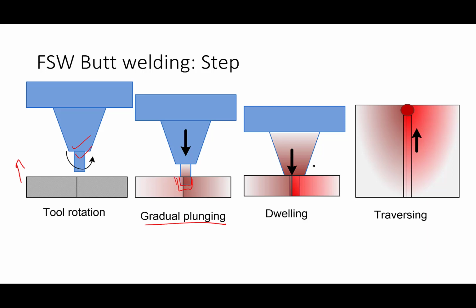So the plunging has to be gradual so that there is enough rise in temperature of the workpieces. Once the rise in temperature has been enough, we continue to rotate the tool at a particular location.